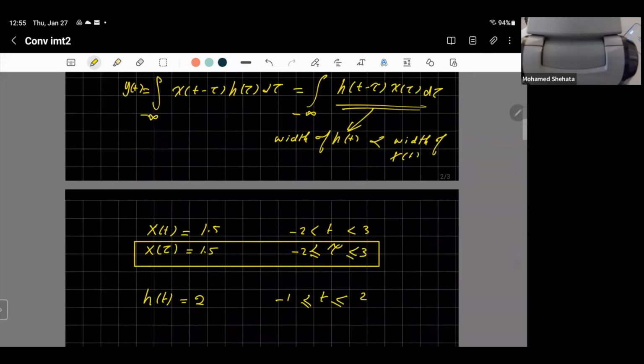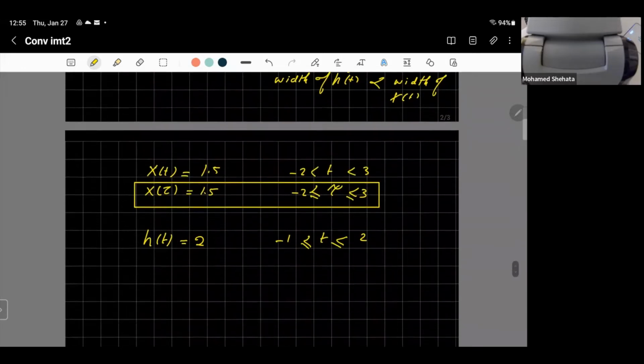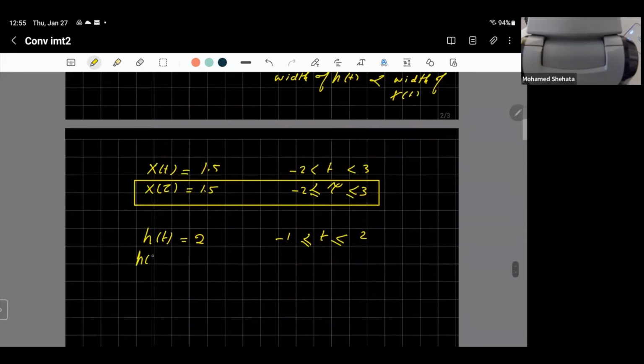Good. I need to replace t by t minus tau. Go ahead and do it. Just substitution: h(t minus tau) equals, replace t with t minus tau.